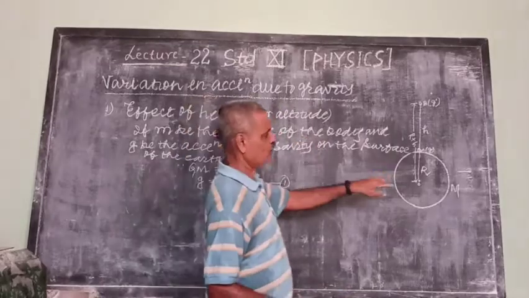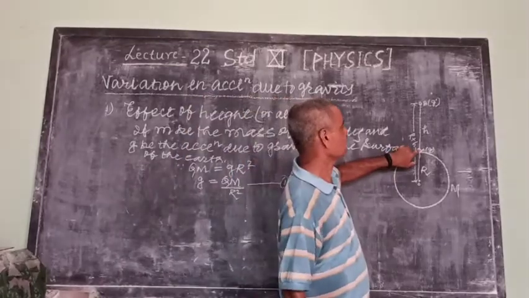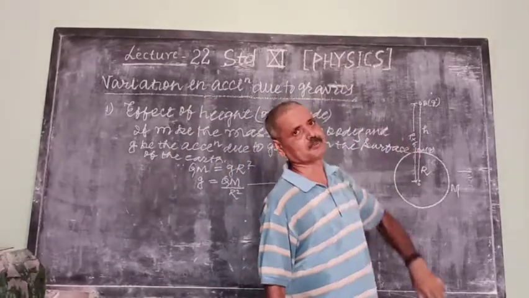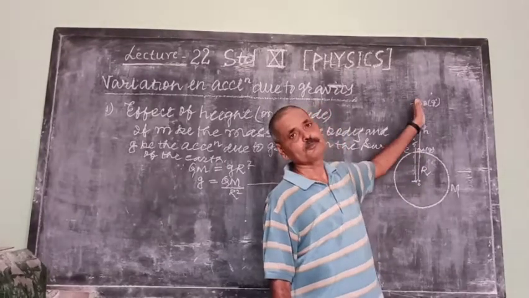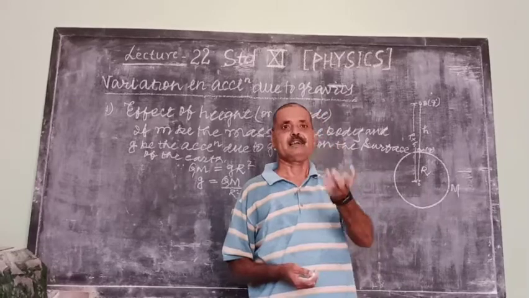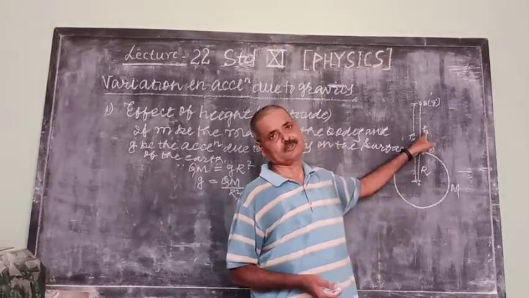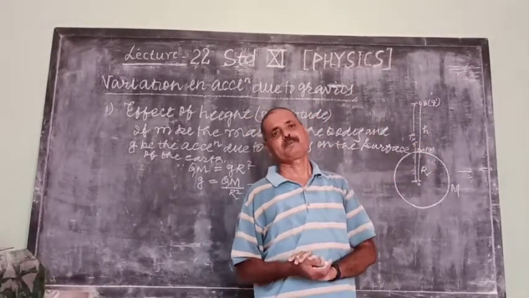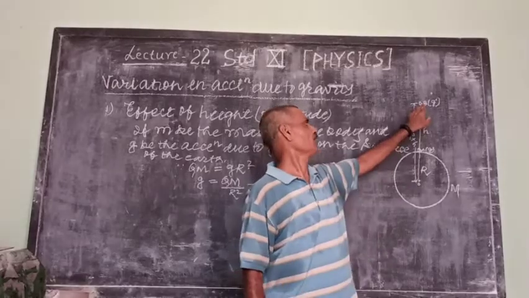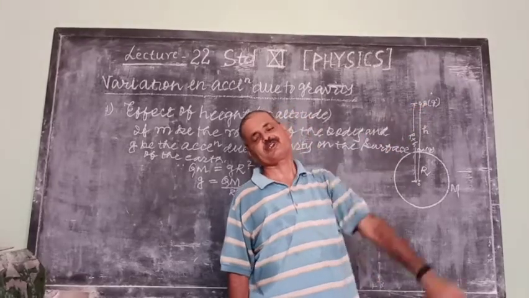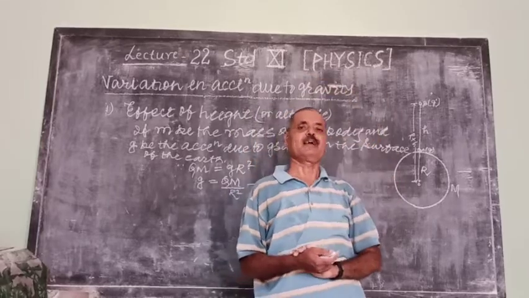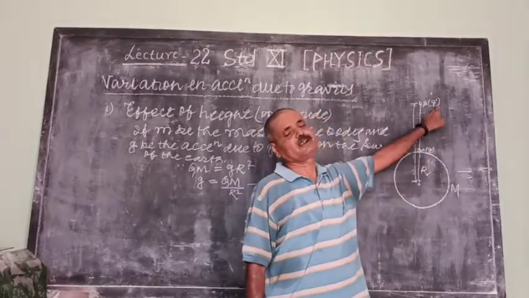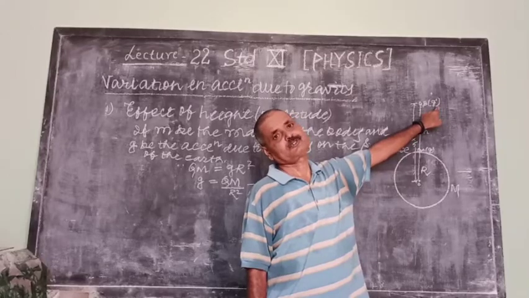Now the same body is taken above the surface of earth. Suppose the body is taken from A to B at a height h above the surface of earth, and the value of acceleration due to gravity at that particular height is g dash.